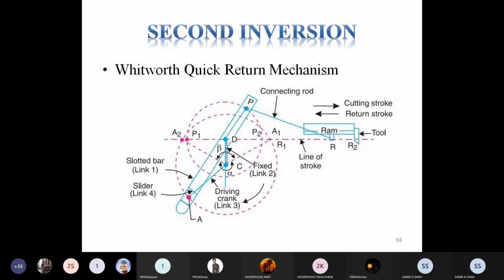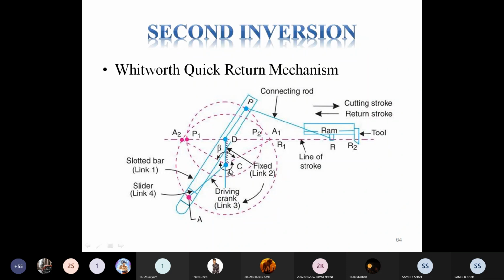During the backward stroke, which we consider the return stroke or non-cutting stroke, the driving crank moves from CA2 to CA1 and makes the angle beta. One can observe that the angle alpha is larger than the angle beta.